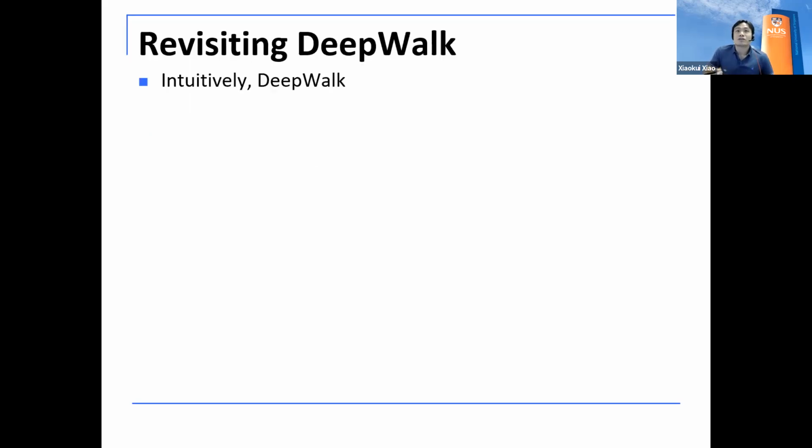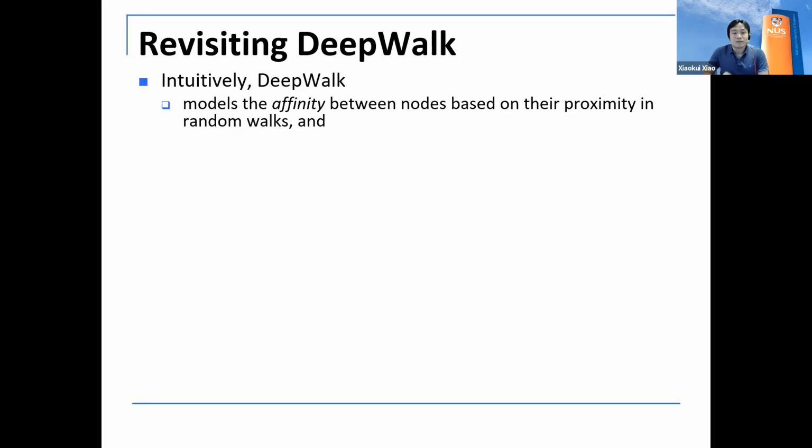So intuitively, what DeepWalk was doing at a high level is as follows. It first models the affinity or the similarity between nodes based on their proximities in random walks. So this affinity measure is not explicitly defined, but is implicitly encapsulated in the loss function used by DeepWalk.